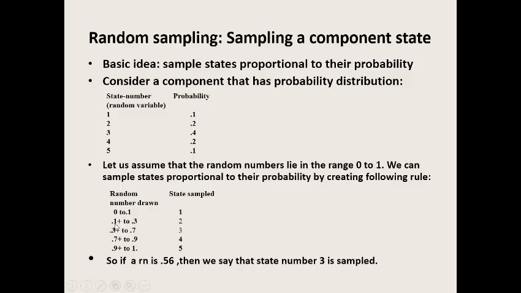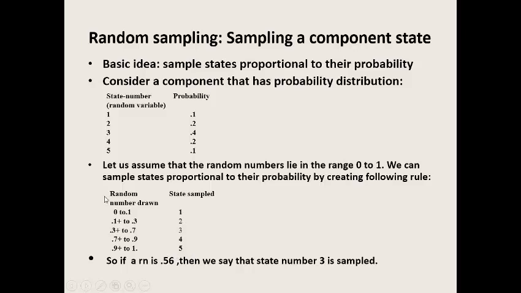If the random number falls between 0.1 and 0.3, the range here is 0.2, which is equal to the probability of state 2, then state 2 will be sampled, and so on.